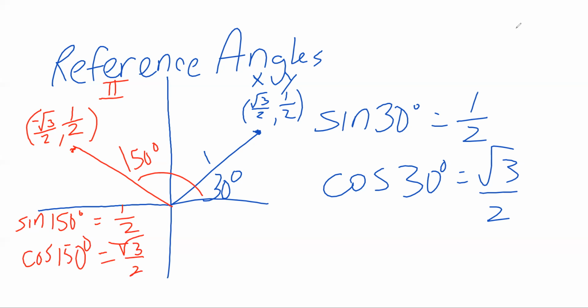Now, if you actually wanted to realize that the reference angle of 150 is 30, make sure you understand that the angle that's in red subtracted from 180 would lead you to the reference angle. So just as another point in regards to reference angles, let's say this was 120 degrees.